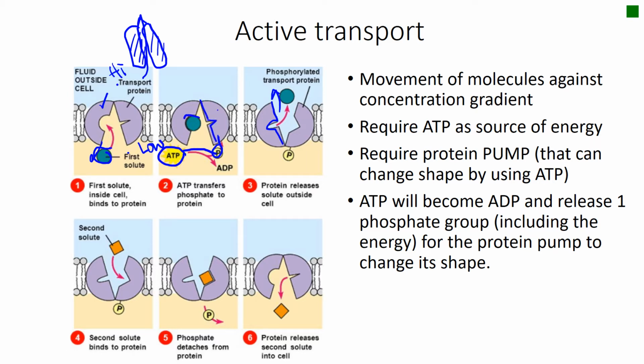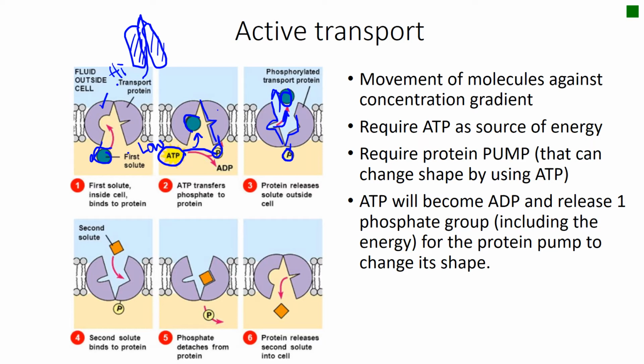And this green molecule will attach to the place that fits the shape of the molecule. Because of the energy from the phosphate, the protein pump will change shape and then expel the green molecule to the outside.